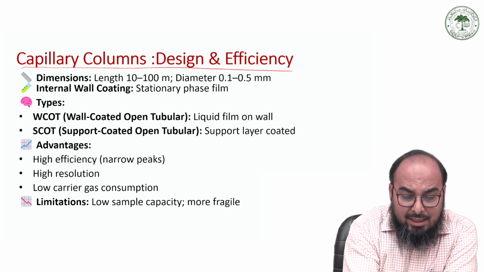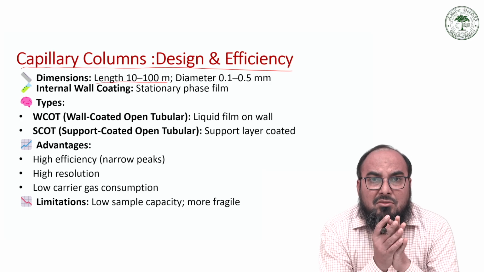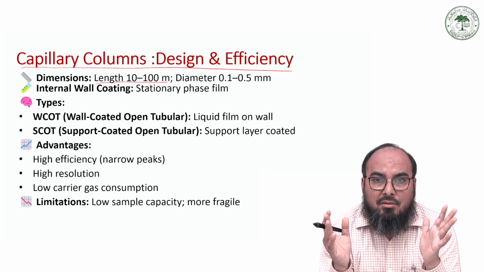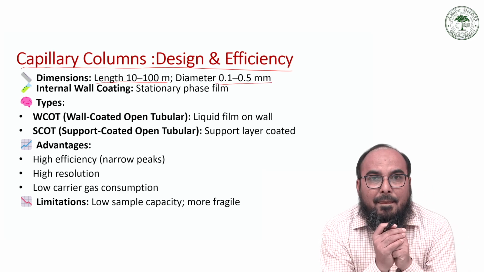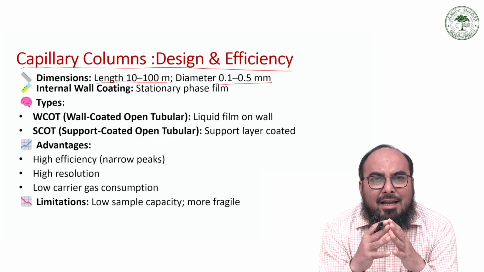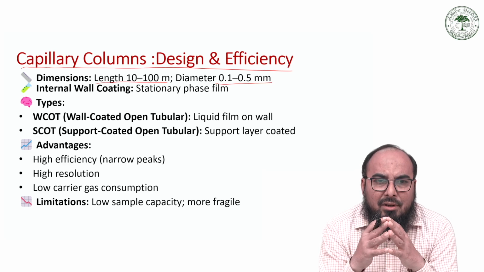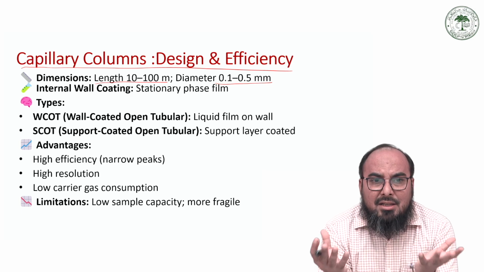Now you can see the length is too high, it can go up to 100 meter. This is huge, but at the same time the diameter is less. That means that at one go, you cannot analyze too much quantity of your sample. But at the same time, there are certain advantages.